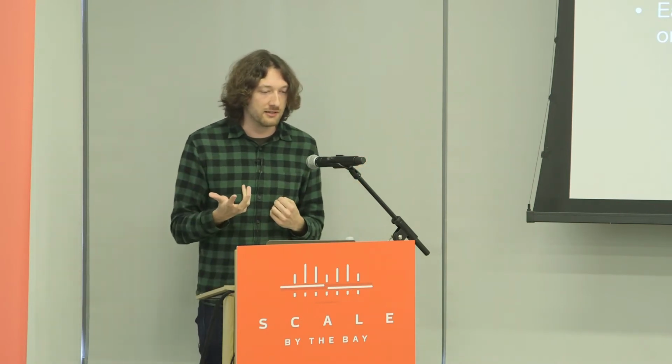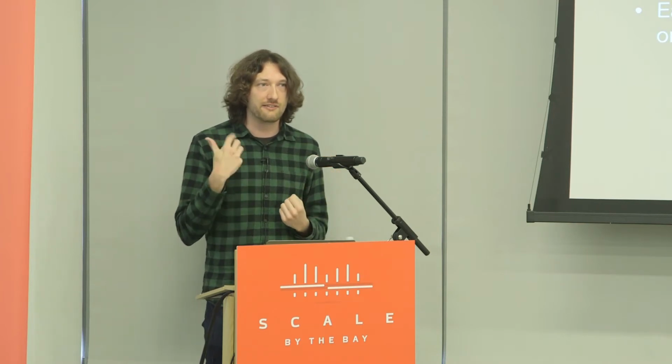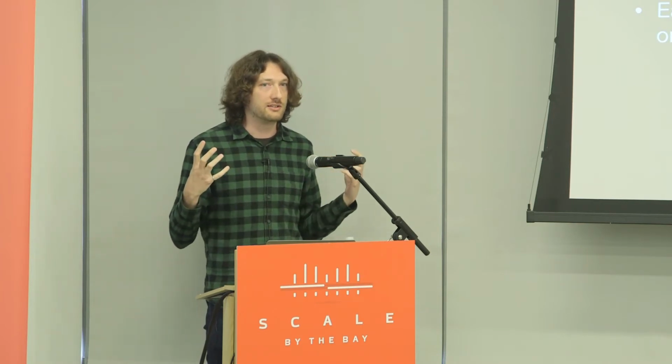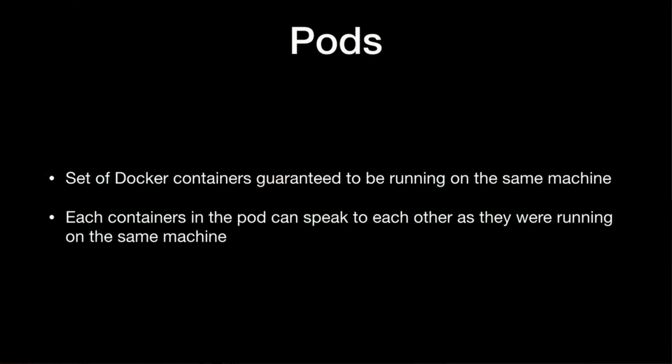You can have multiple pods running on the same Kubernetes node, but only the containers running inside the same pod are guaranteed to be able to see each other as if they were running on the same machine. So you could have two pods running on the same machine, and they're not necessarily able to talk to each other as if they were running on the same machine.